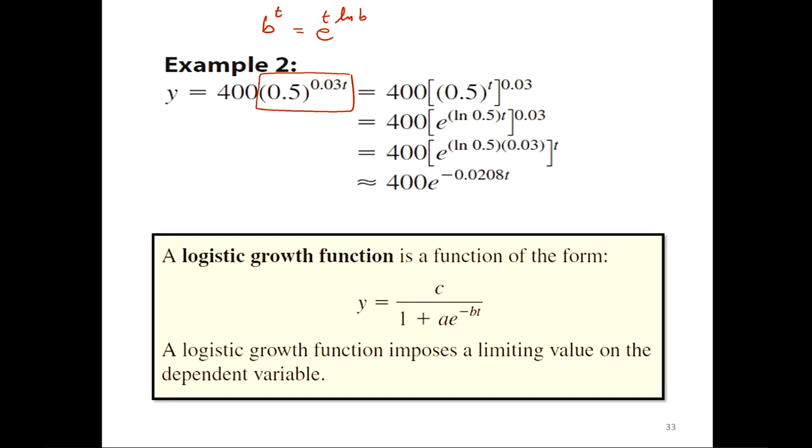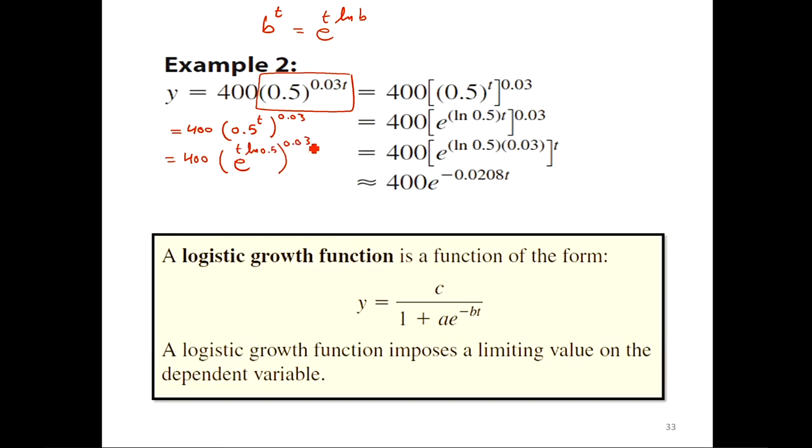So firstly take this value, 0.5 to the power t, all to the power 0.03. Convert this one to exponential, so we have 400 e to the power t ln 0.5, all to the power 0.03.